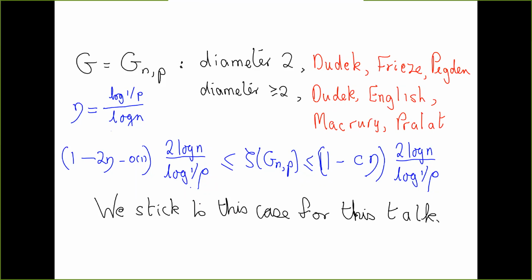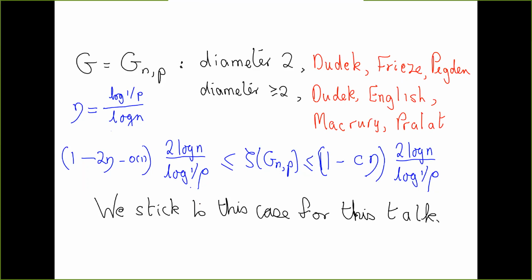And what you notice is that if p is a constant, we don't make any progress because, well, you can't. But if p is like 1 over n to the epsilon, then eta will be a constant, and you can make some progress here.